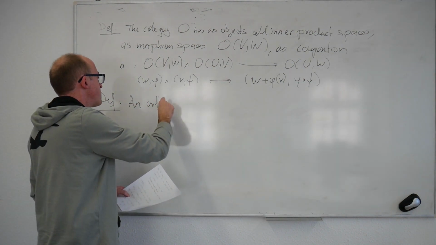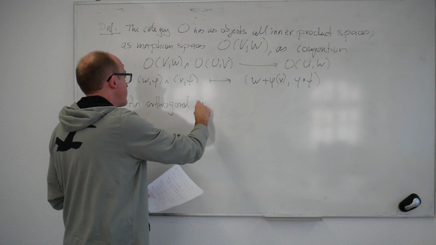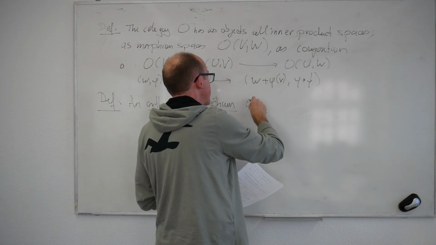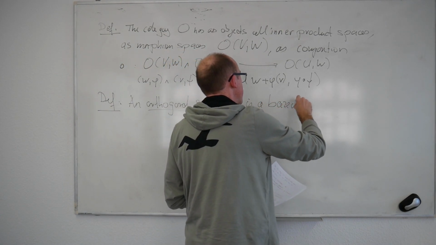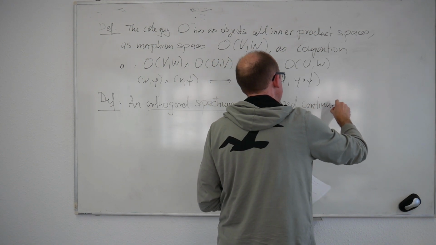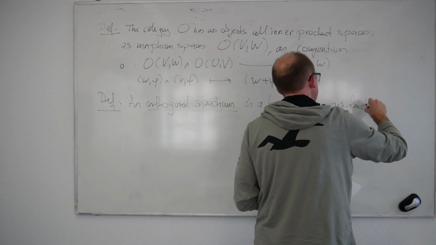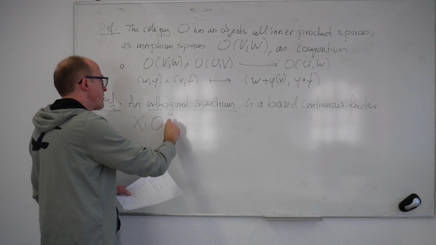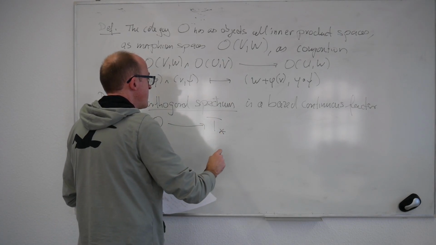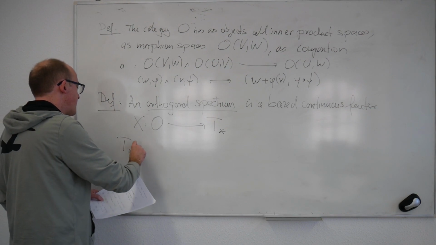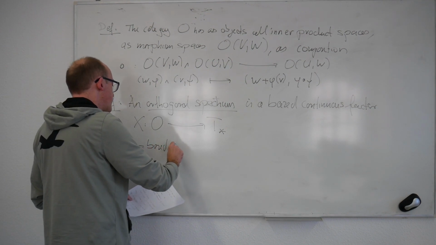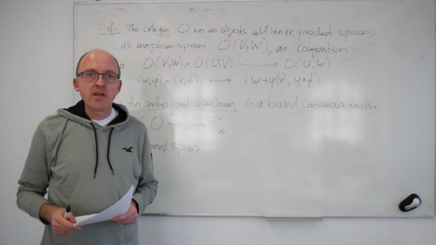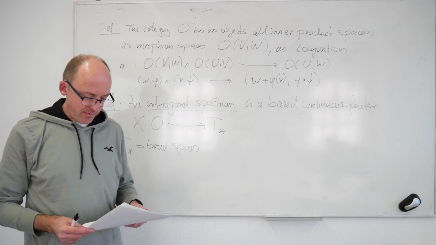So an orthogonal spectrum, I will often use the notation X or Y or something like this, is a based continuous functor from this indexing category O to the category T_*, which is my notation for the category of based spaces. So compactly generated spaces, weak Hausdorff is understood, equipped with a base point and continuous base point preserving maps.